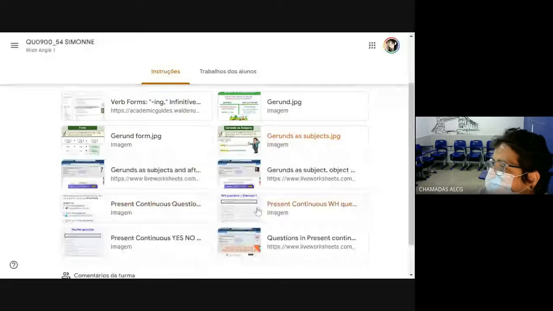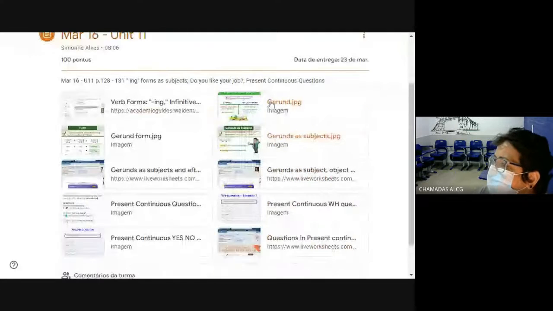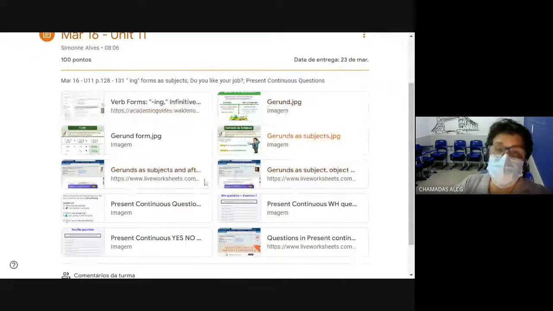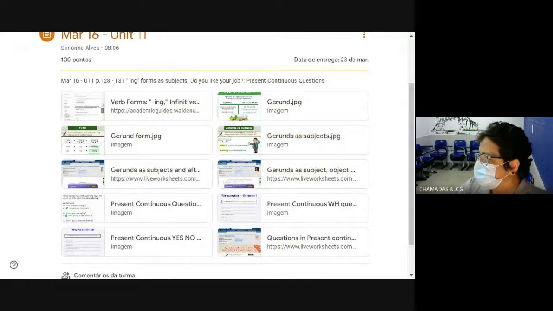I will just close now. I finished this part. I wanted to show you the files. And after the break, I will show you the homework I would like you to do about this topic. Okay? So let's go for our break now, and we can come back after 10 minutes.